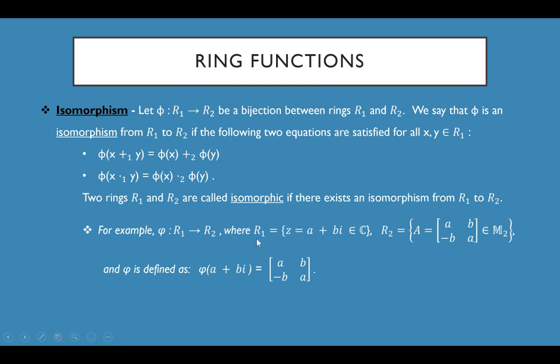Let's look at the first ring as being the set of complex numbers, a plus bi. And the second ring will be the set of 2 by 2 matrices of this form. And so we can define a function phi from the set of complex numbers to this set simply by taking the real portion of our complex number and applying it here in the diagonal, the down diagonal from left to right.